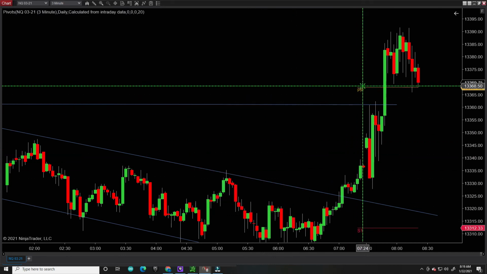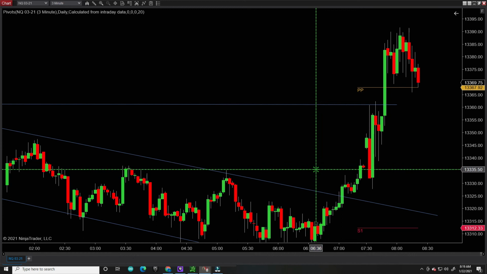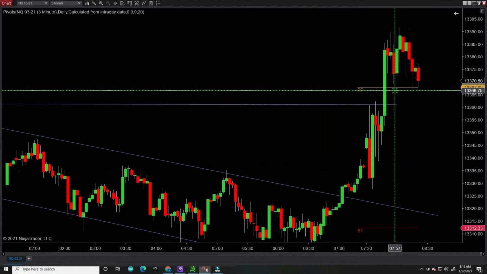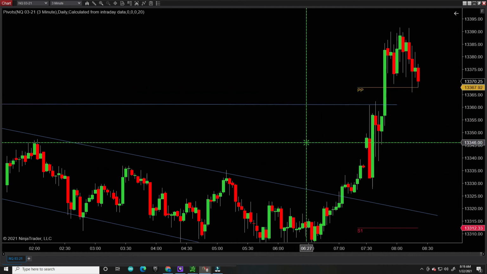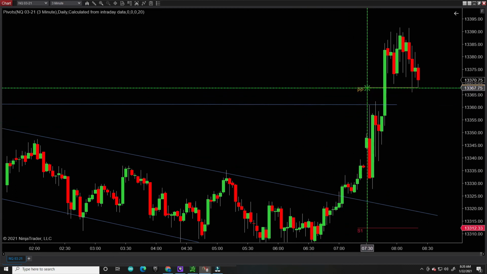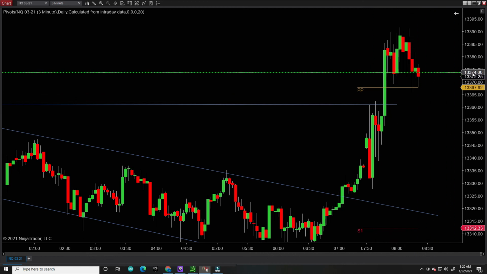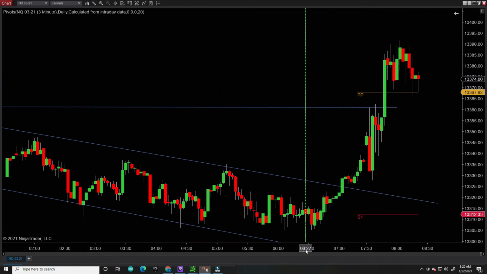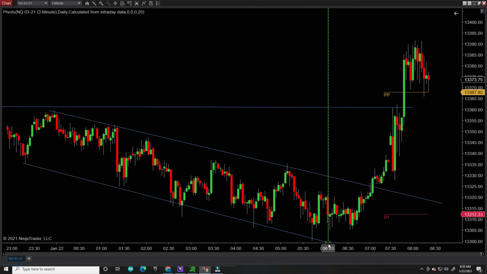You can see right on a pivot level there on the daily chart. Excuse me, daily pivot. Look at that. That's giving extra support there because price is bouncing right off that primary pivot level, that daily pivot level.